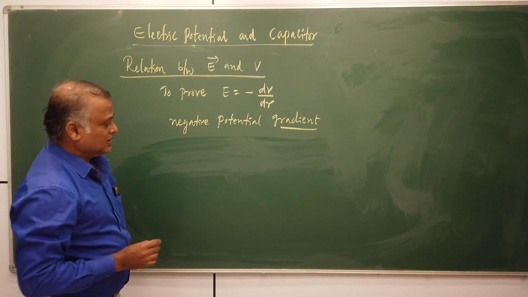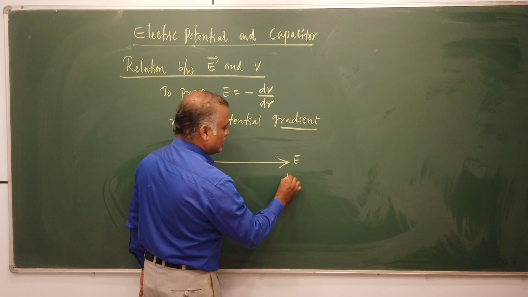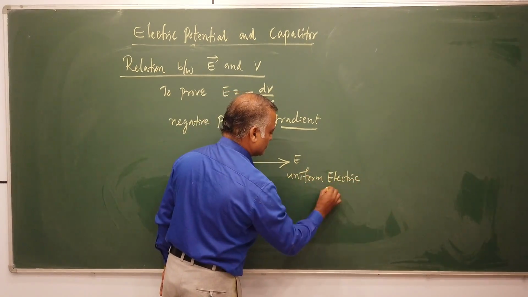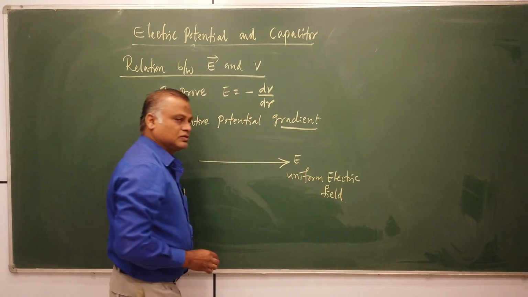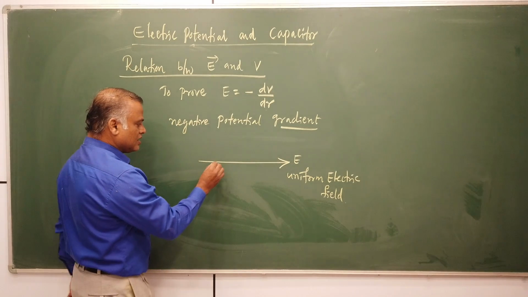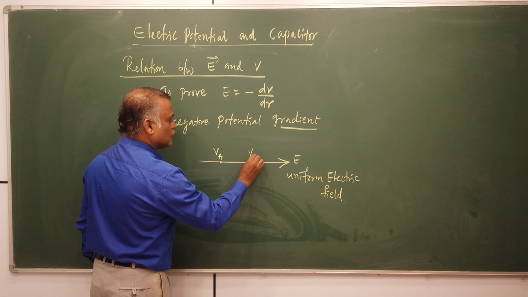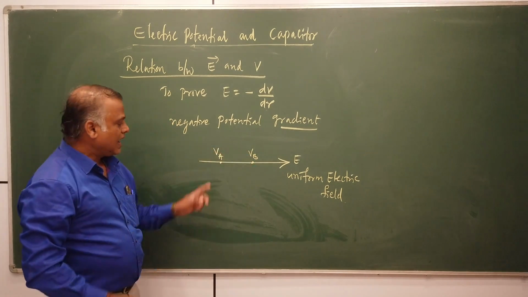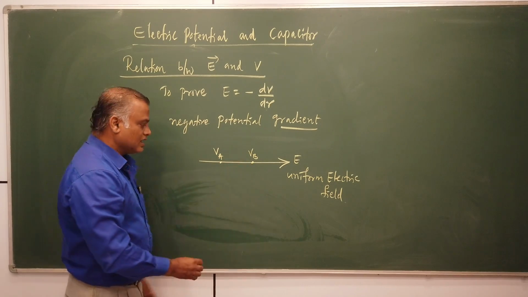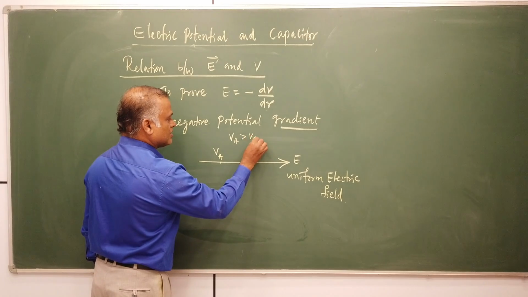To prove this formula, you take a uniform electric field. This exists only for a small region. In this uniform electric field, let us choose that there are 2 points A and B, with some potential VA and VB, and of course VA is greater than VB.